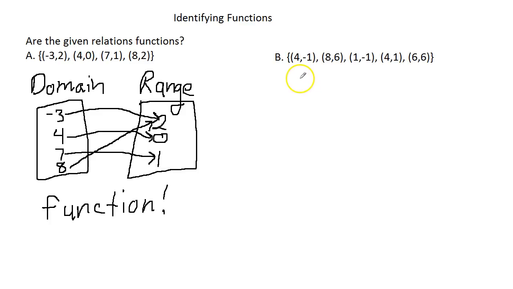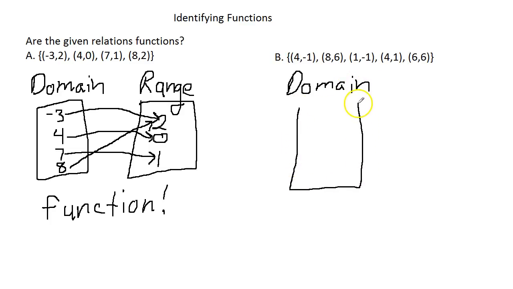All right, let's test this one. Domain. Let's draw our mapping diagram box. We have 4, 8, and these do not have to be in any order. 1. Now, 4 repeats, so I don't have to list it again.